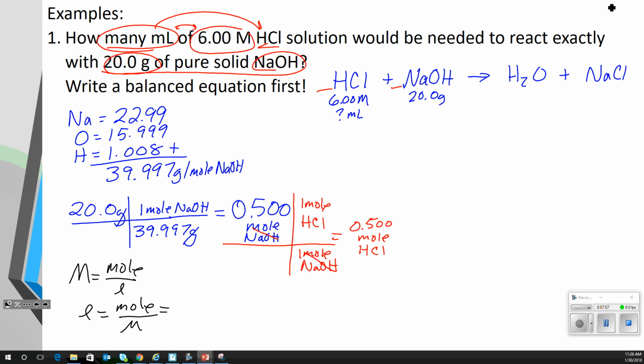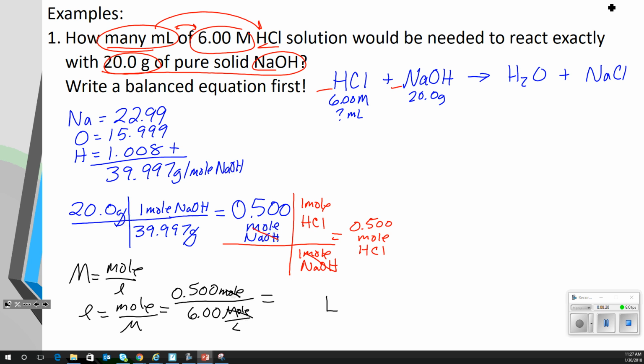I've got my moles, 0.500 moles, divided by my molarity up there, 6.00 molar, remembering that molar is moles divided by liters. The moles will cancel out. 1 over liters is liters. So we're going to get liters.